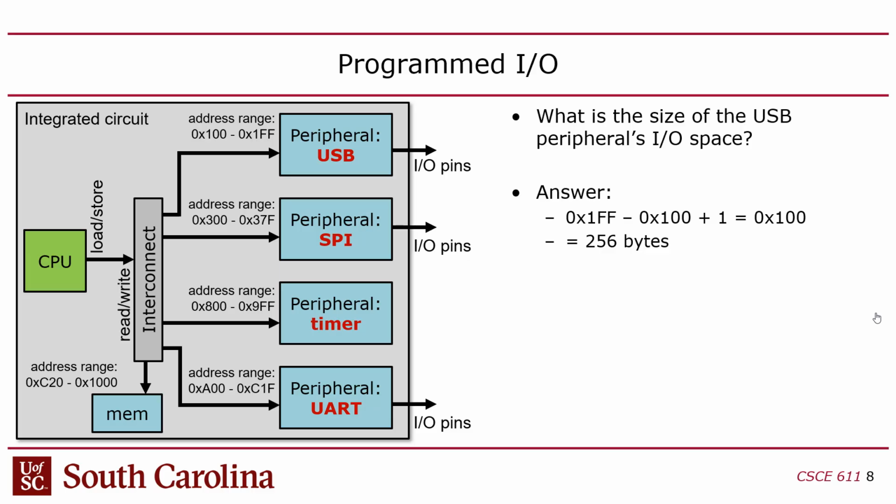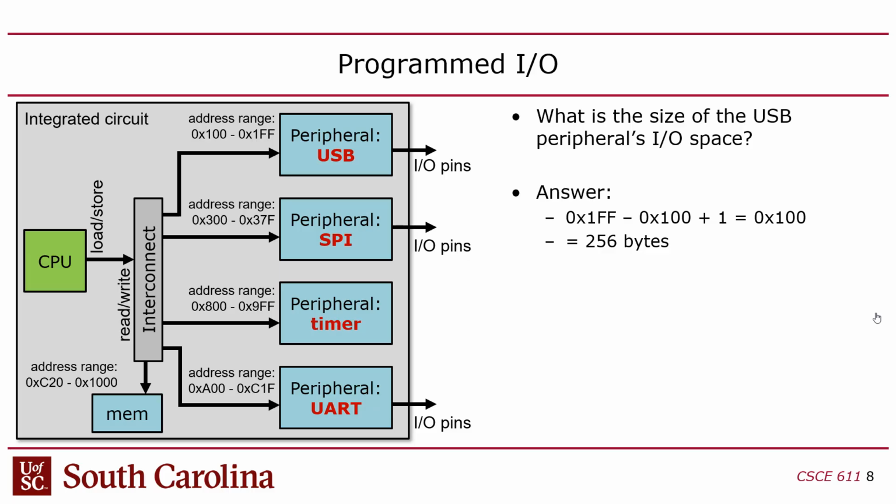But you take the upper limit, the highest address in the range, which in this case is 1FF. And then you subtract the low range, which is 100. But you have to add 1 because it's inclusive, right? So the total size is 100 in hex, which is 256 bytes, right?